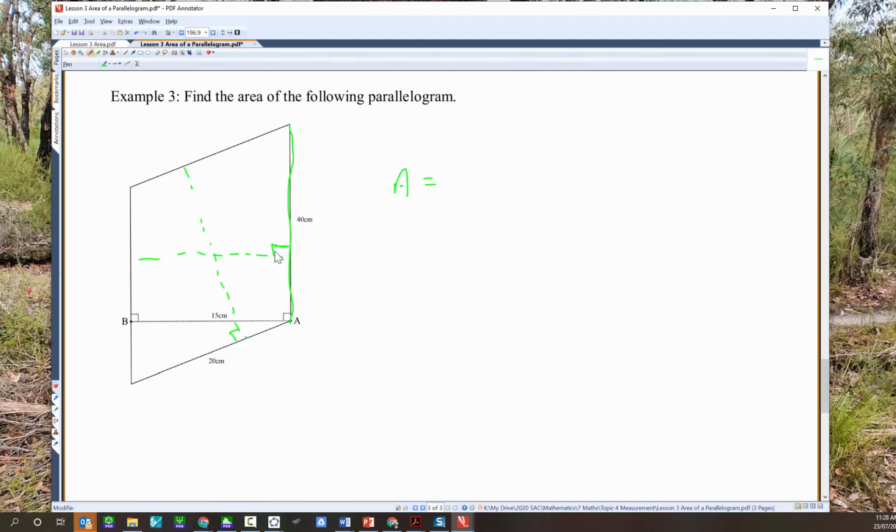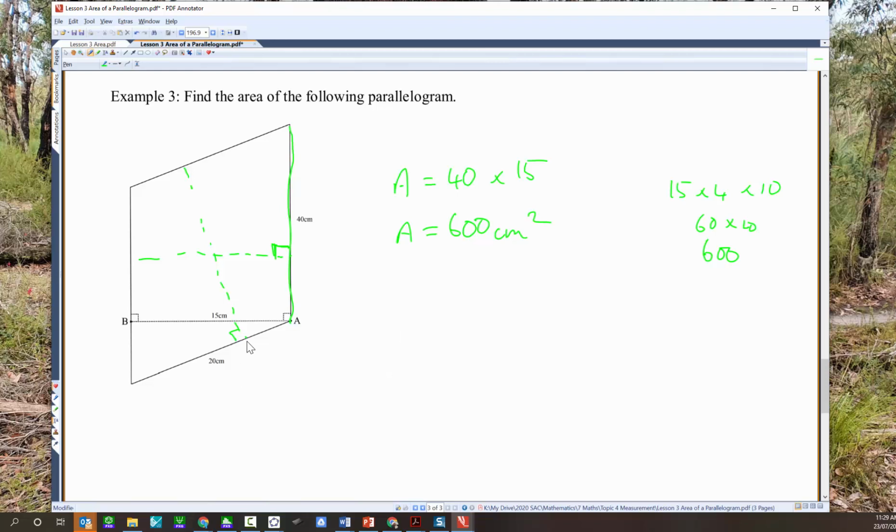It'll run perpendicular to the base. Now, it just so happens that they give you that one there. So this question here is going to be area equals 40 multiplied by 15. Okay, area equals. Let's do 15 times 4 times 10. 15 times 4 is 60 times 10. That equals 600. So the area is 600 centimeters squared.